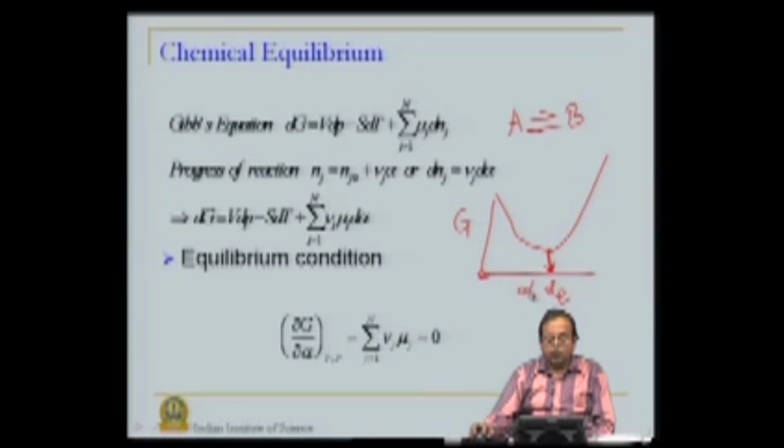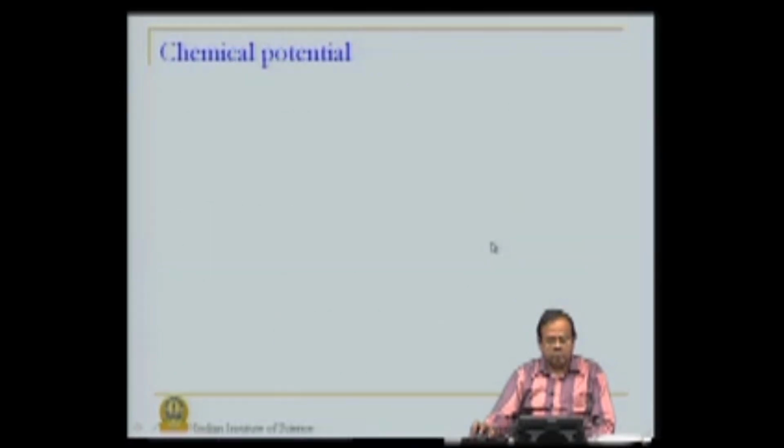It implies that if this condition is to give me the value of alpha_E, then alpha must somehow be influencing the chemical potential mu of the species. In other words, to take this discussion forward, we now need another set of equations which relate the chemical potential of the system to the progress of reaction. So, let us proceed in that direction now.